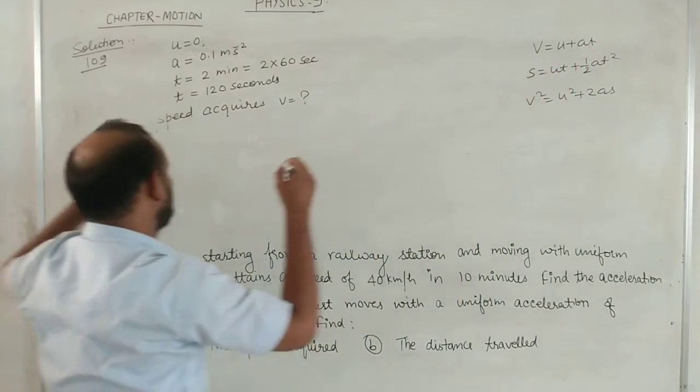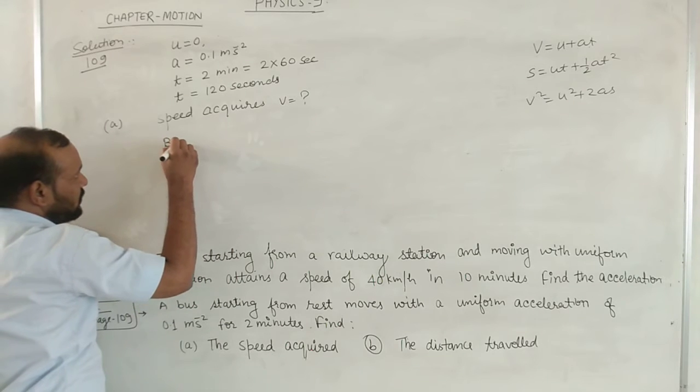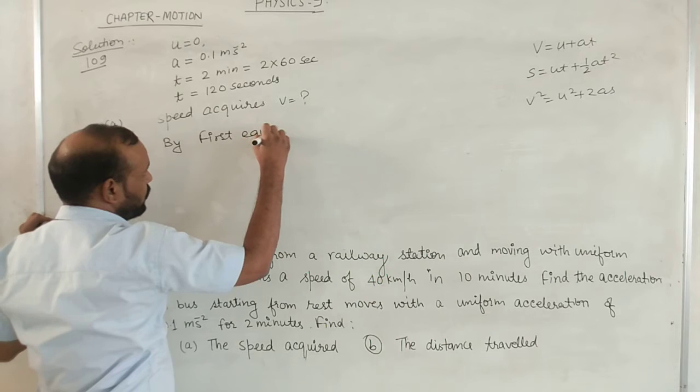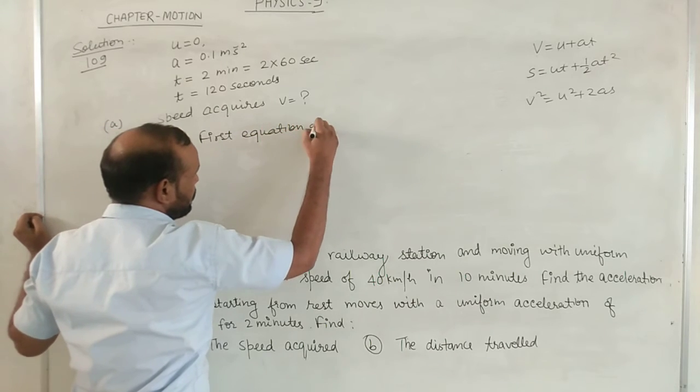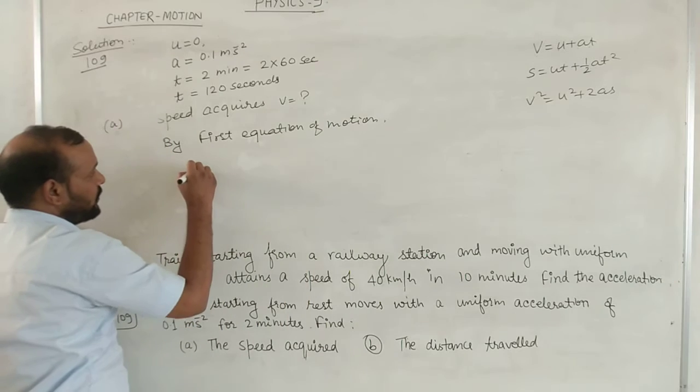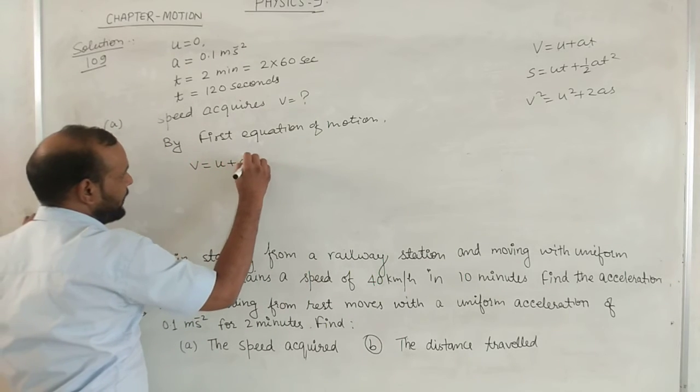The first equation of motion. v is equal to u plus at.